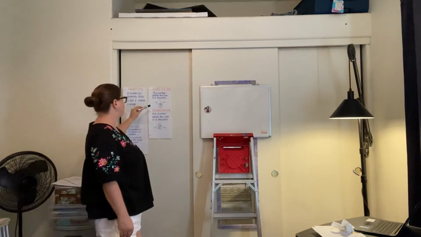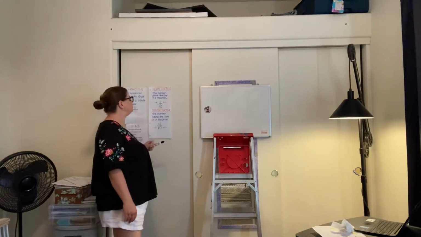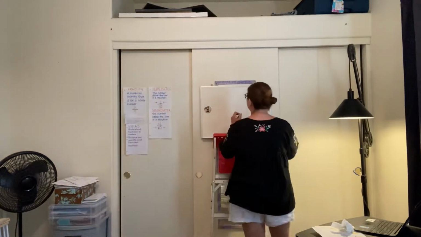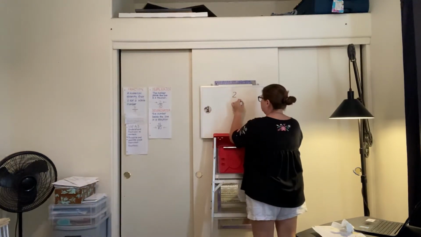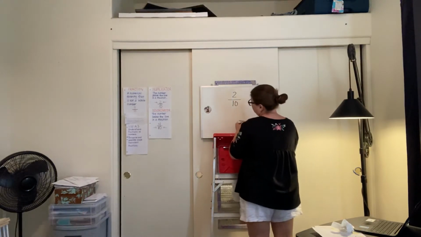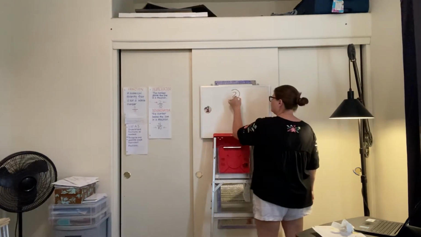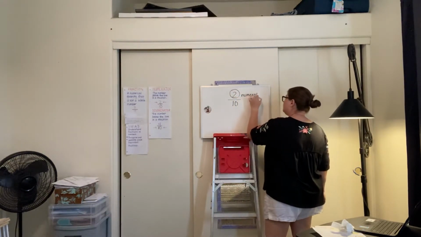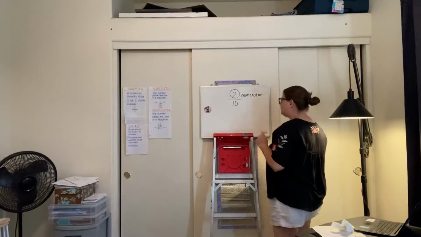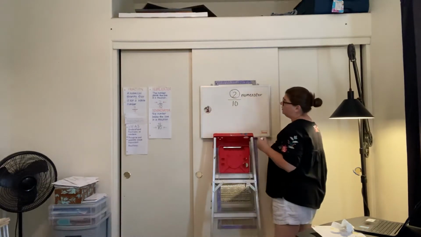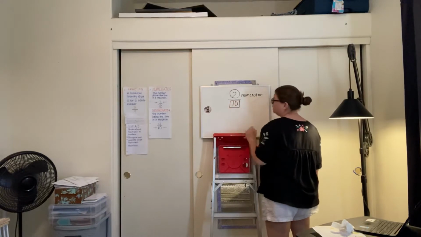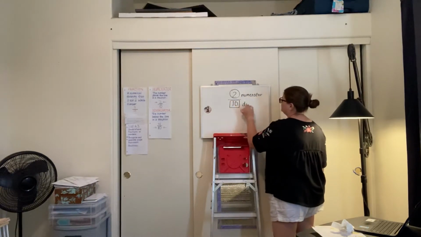So if we look up here at the whiteboard, 2/10, okay? 2 over 10, 2/10. The 2 is going to be our numerator, okay? Again, it's the number above. The 10 is going to be our denominator.